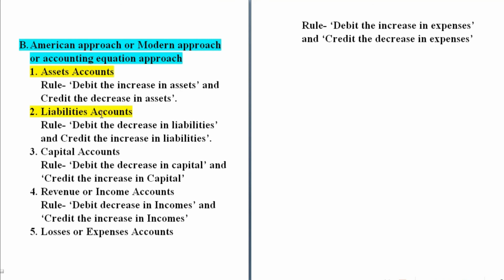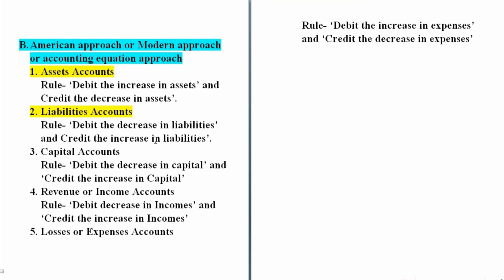So when your liability decreases, you debit. And when your liability increases, you credit that particular account.